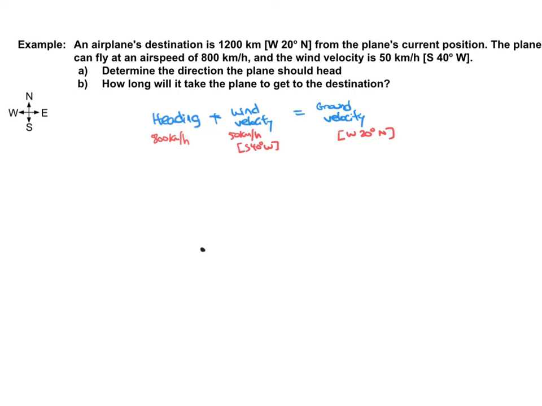So that's west 20 degrees north. So I'm just kind of estimating here. That might be about 20 degrees. So I'll label that. I'll label the angle. So the destination is somewhere along that line.